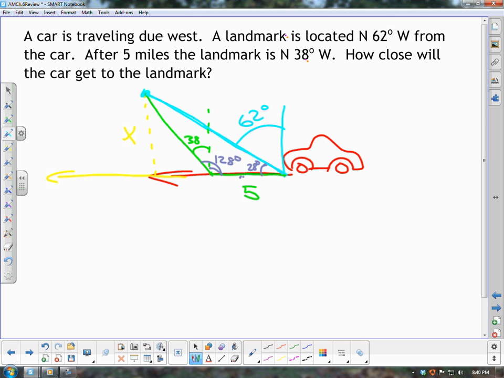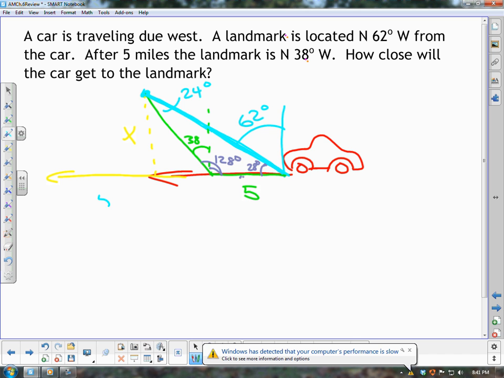It really doesn't matter which one you use. So let's go with the aqua one. Because now you have, if that's 128 and that's a 28, that's 156 total, which makes this angle 24 degrees.